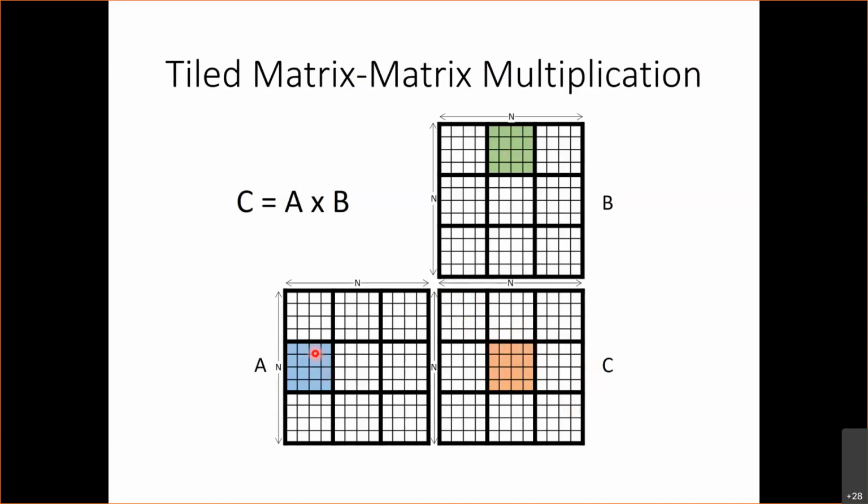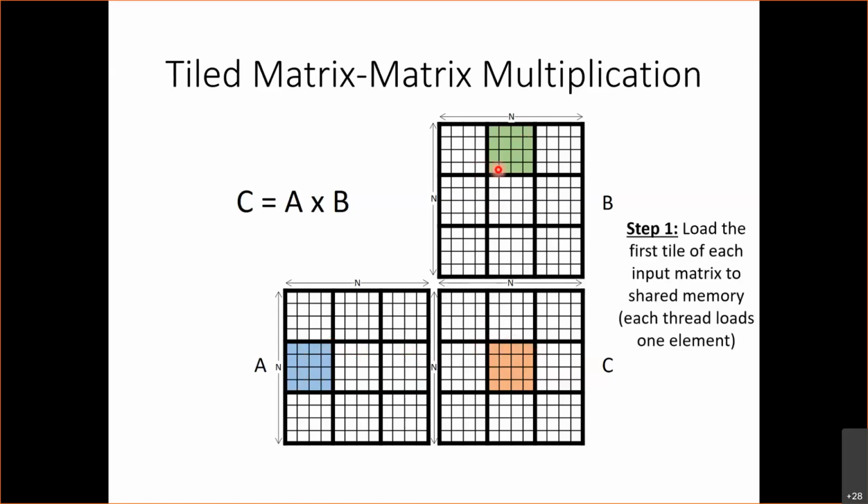And then rather than having each of these threads load all the elements they need from global memory themselves, I can have this block of threads load the blue tile of A into shared memory and the blue tile of B into shared memory. So step one is to load the first tile of each input matrix into shared memory.